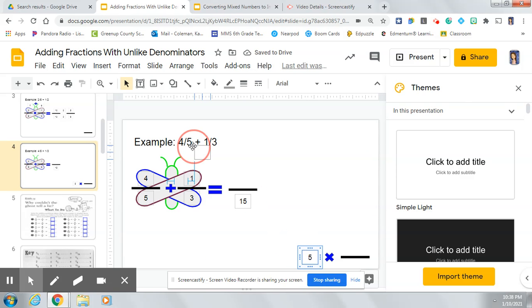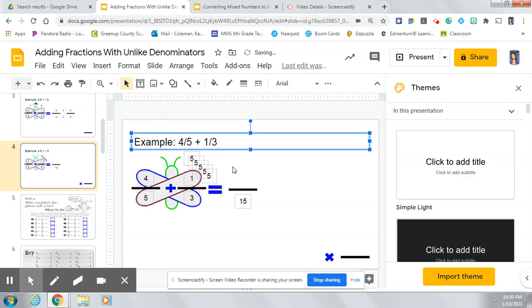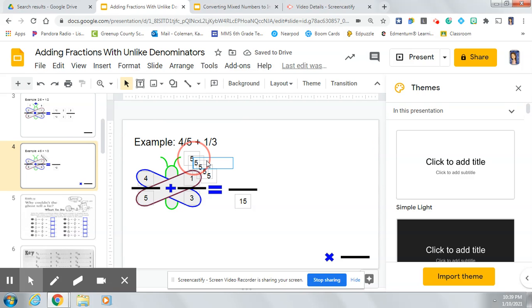I'm going to put that by this antenna at the tip of my purple wing.